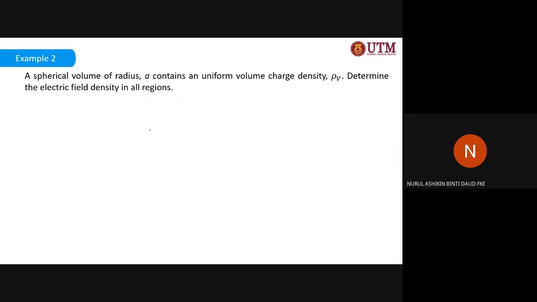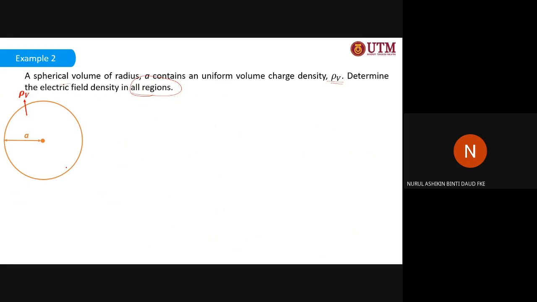Now let's look at the questions. Example 2. The question says that a spherical volume of radius a contains a uniform volume charge density rho v, and you need to determine the electric field density in all regions. First thing first, you need to visualize the problem.